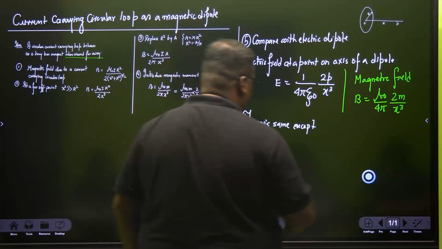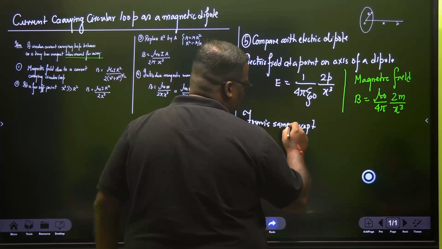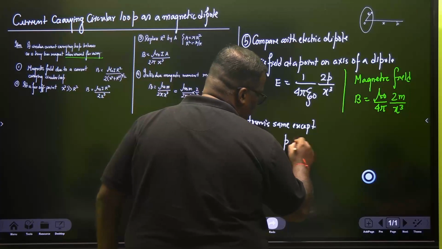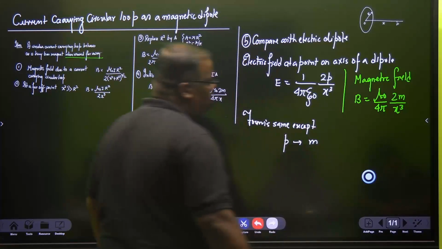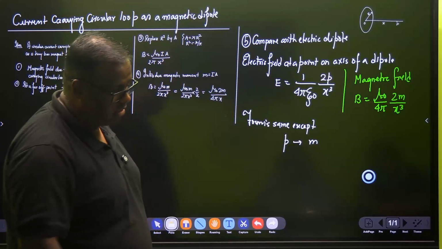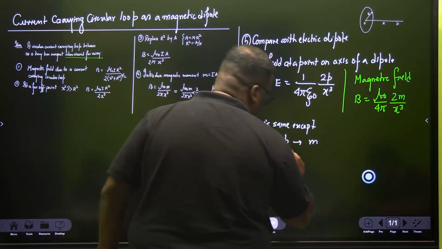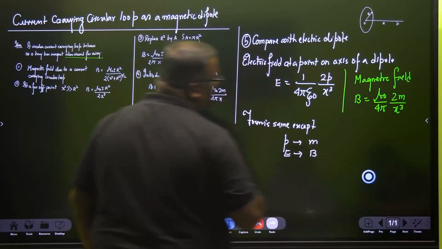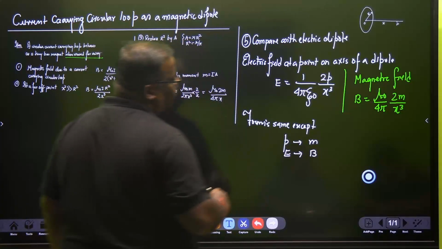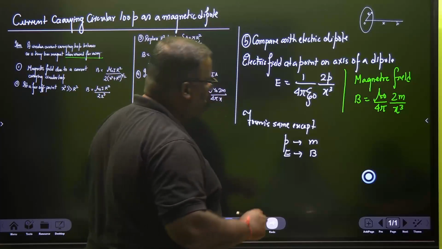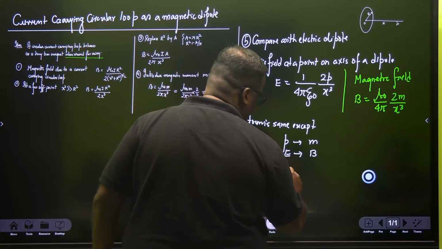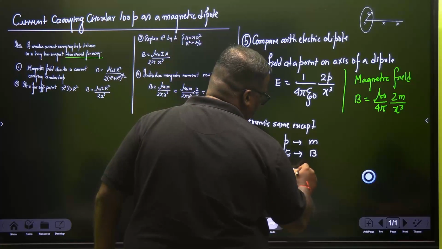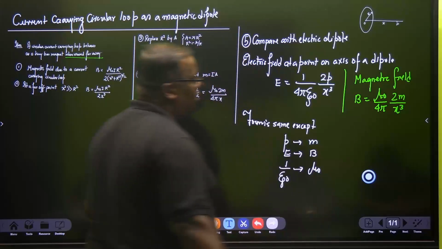The form is the same except the electric dipole changes to magnetic dipole, electric field E changes to magnetic field B, and 1 by epsilon naught changes to mu naught.